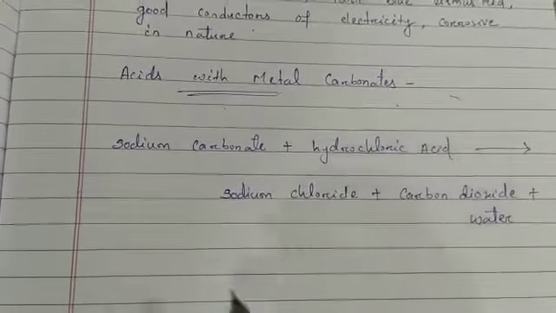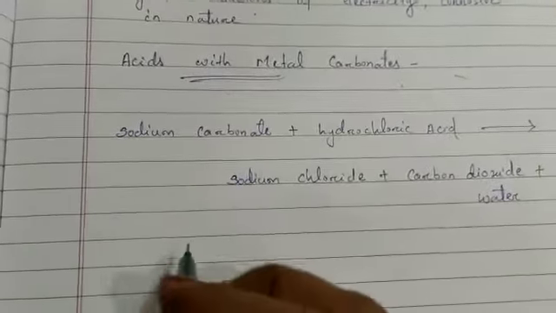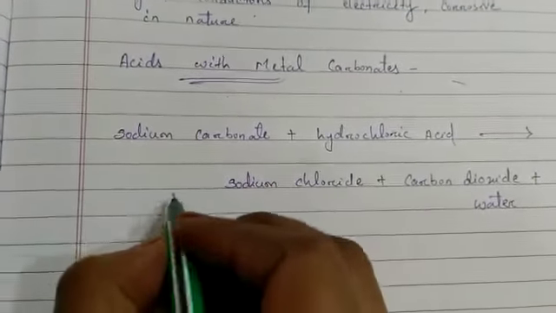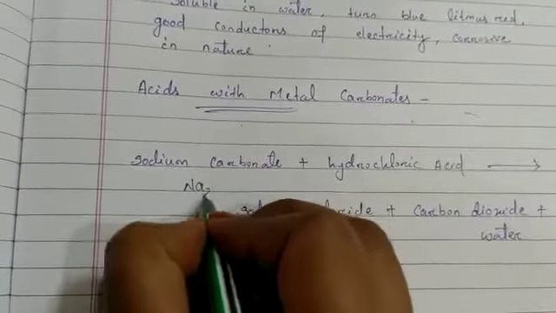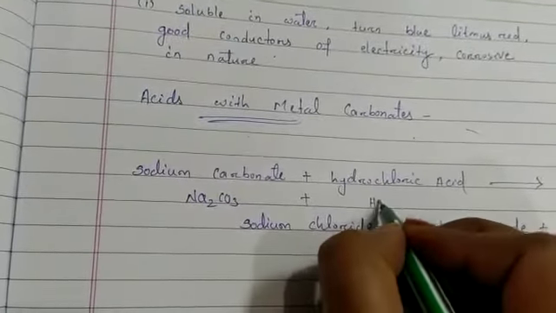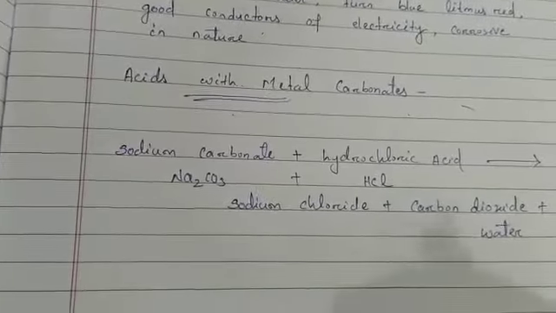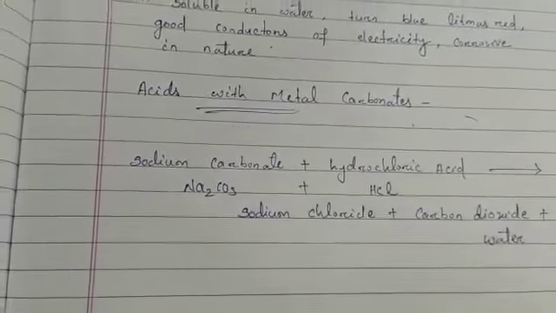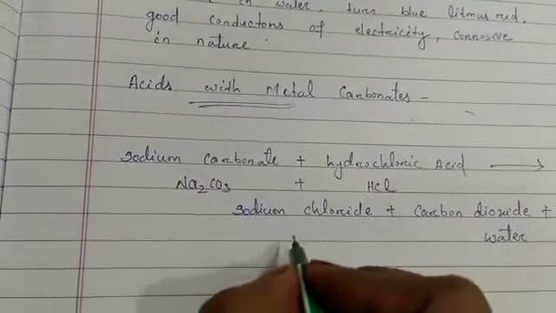For example, if you take sodium carbonate, Na2CO3, it reacts with dilute hydrochloric acid, HCl. It gives sodium chloride, NaCl, which is a salt.